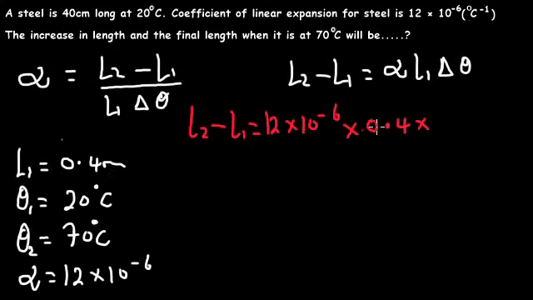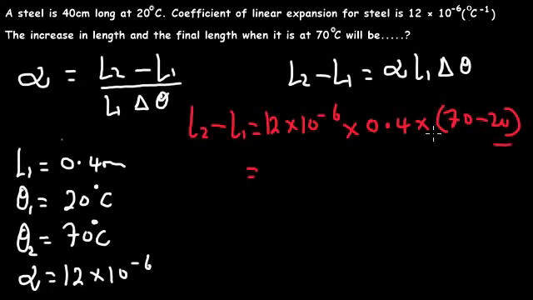Then multiplied by the change in temperature. That's the difference between the final temperature, which is 70, and the initial temperature, which is 20. So that's 70 minus 20, and we close the bracket. Okay, perfect. So finally, we can type this into our calculator.